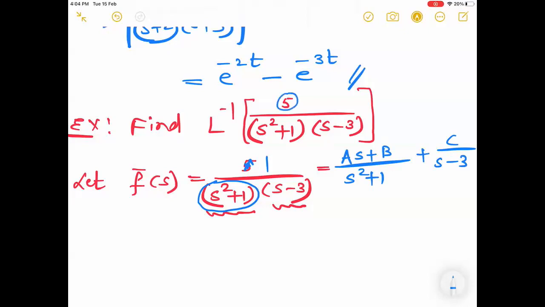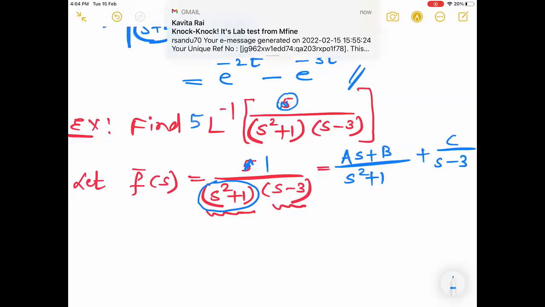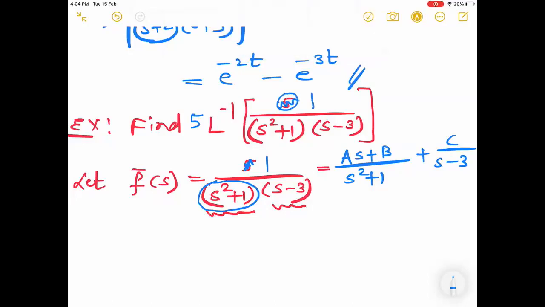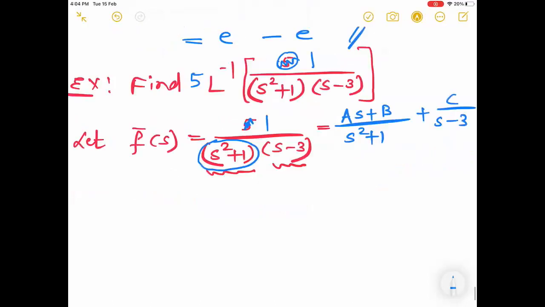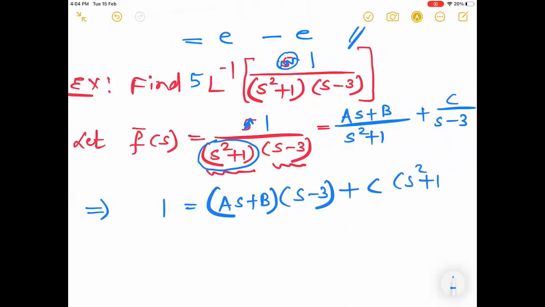This 5 we will take out afterwards, as 5 into L inverse of this thing. The 5 we can multiply in the latter part, just to get the constant in a simpler form. Therefore the numerator of the left hand side is 1, and the right hand side numerator will be (As plus B) into (s minus 3) plus C into (s square plus 1).